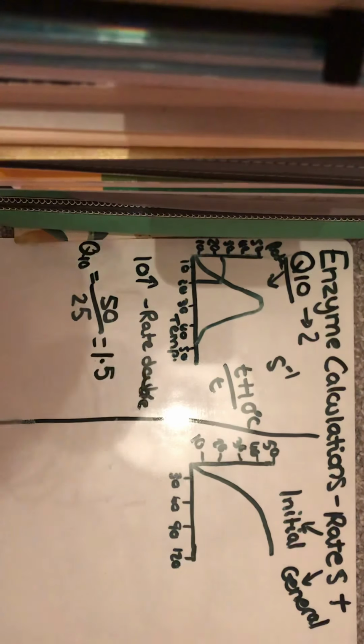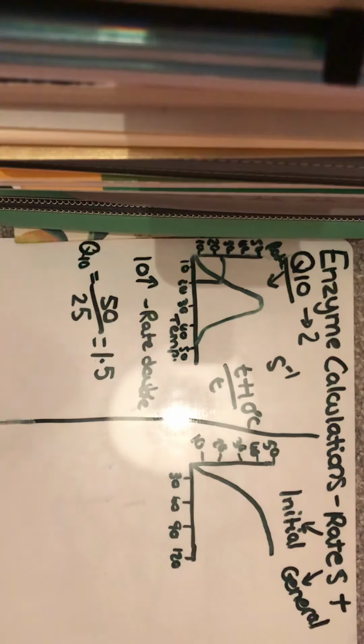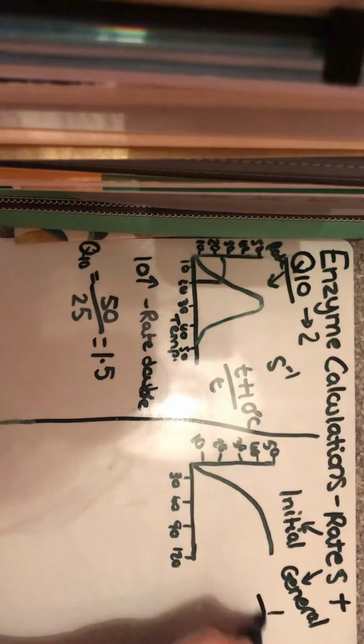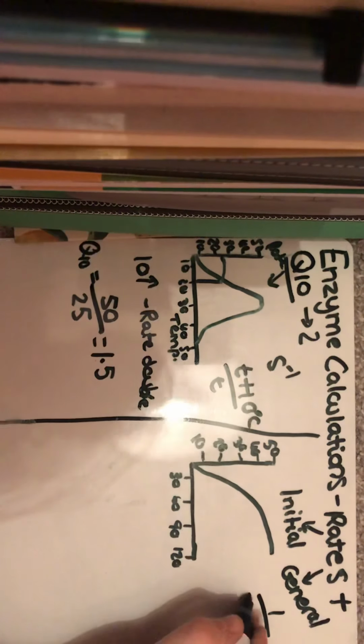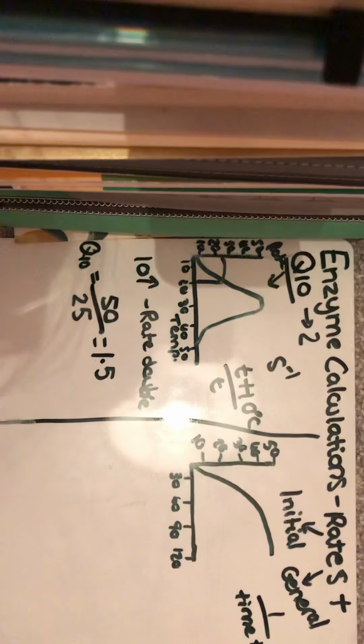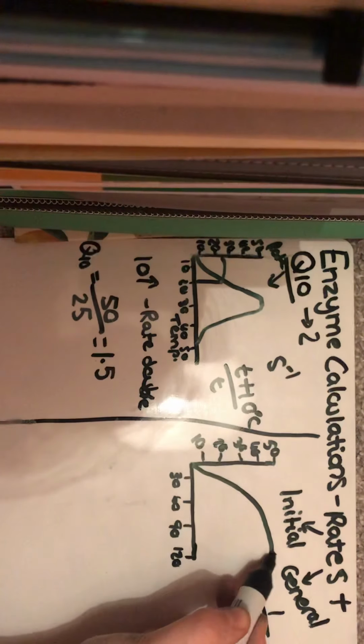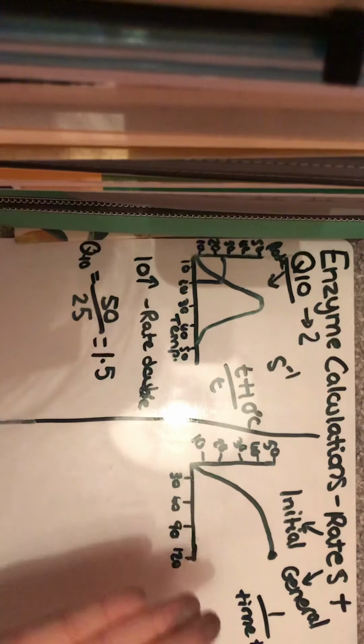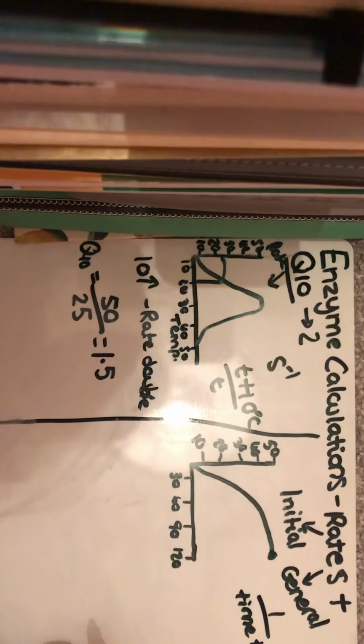If we look at rates of reaction then, to calculate your general rate of reaction, it is just 1 divided by the time taken for the end point to be reached, which here would be this, because that's the last point on the graph.